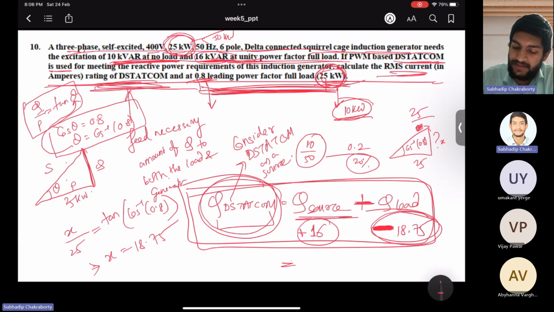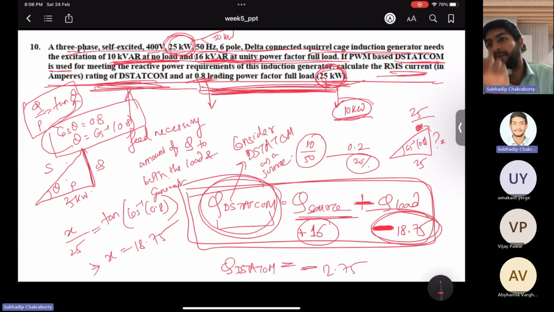So now you can calculate Q DSTATCOM that it has to supply. Now Q DSTATCOM is coming minus 2.75, means DSTATCOM should absorb 2.75, because you can see from here. Since the load is capacitive, it is meeting the excitation requirement of the induction generator as well as dumping some additional reactive power to the DSTATCOM.